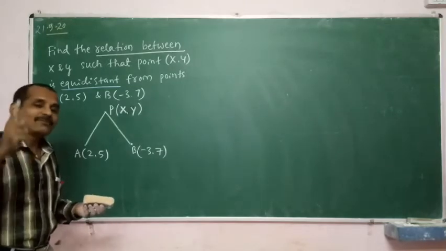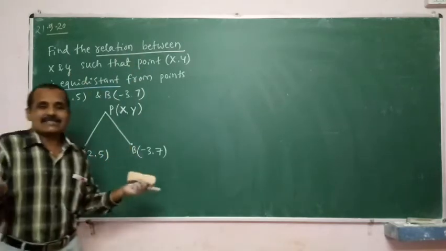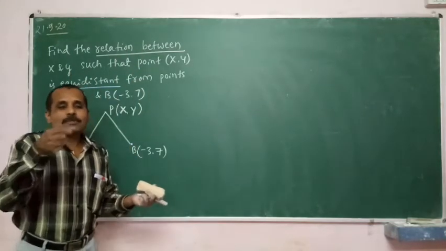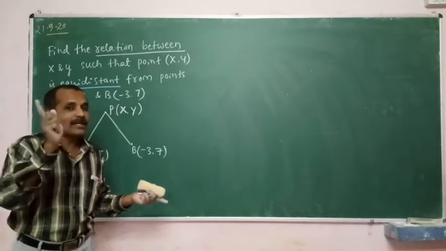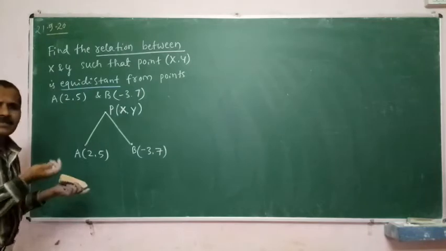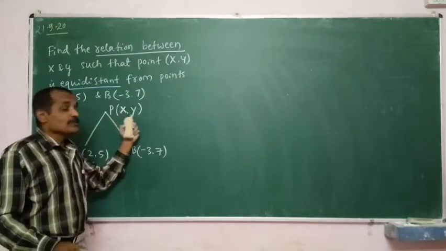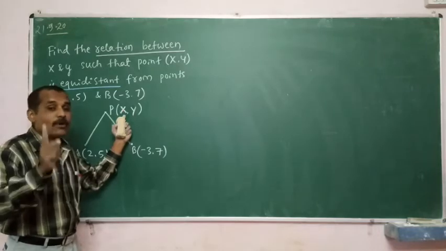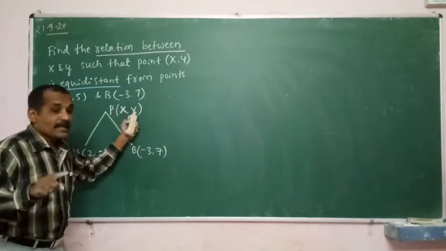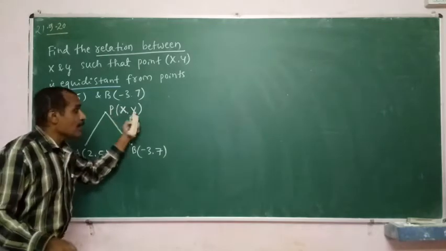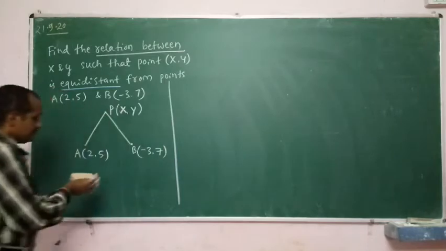But you can find a relation between x and y, like x = 2y or x + 2y = 0, not the values. The method is the same. I only want to show that when both unknowns are there, the values cannot be found, unlike the x-axis case (x, 0) or the y-axis case (0, y). Let us start.